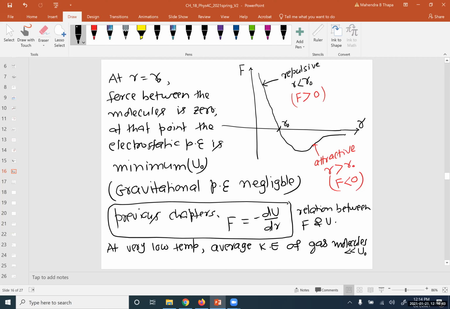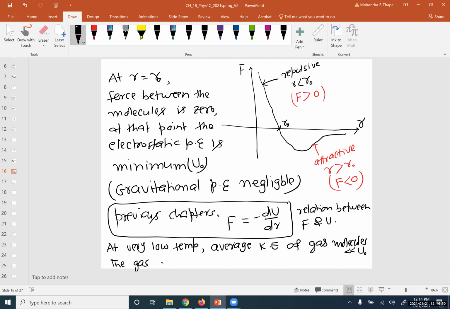In that scenario, we can say that the gas condenses into liquid or solid.